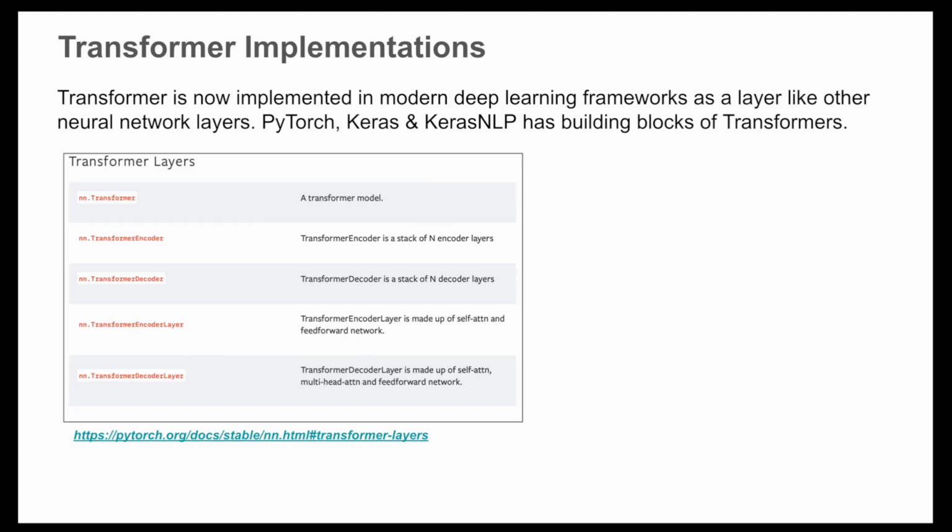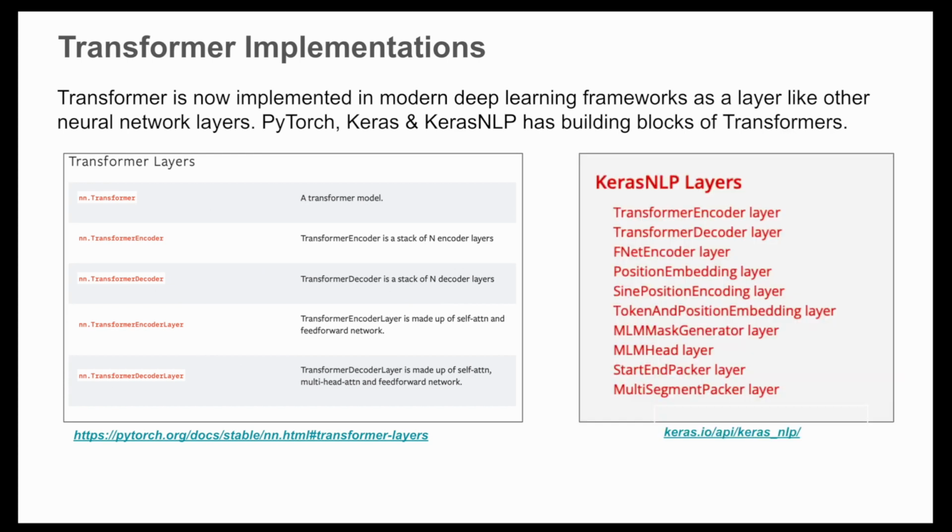In PyTorch, you have many building blocks of transformer. There's the whole transformer, nn.Transformer. You can load the transformer encoder, you can use the transformer decoder, and you can use nn.TransformerEncoderLayer as a single encoder layer.